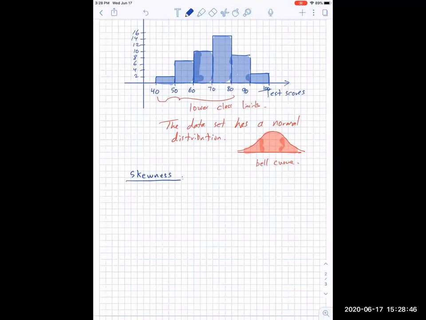A distribution of data could be skewed to the right, could be skewed to the left. If it is not symmetric, if it's not represented by a bell curve, then it has skewness. Like, for example, let me show you here this histogram.